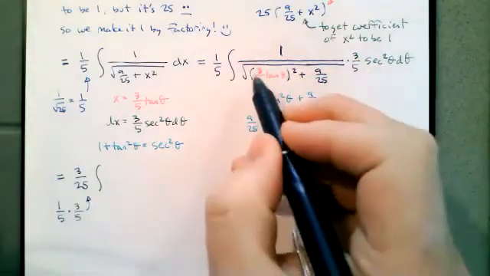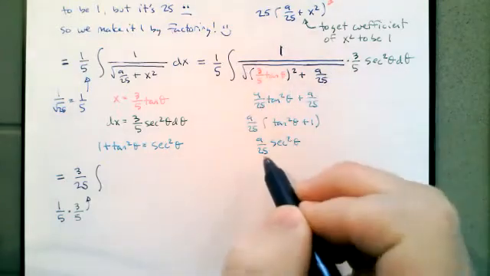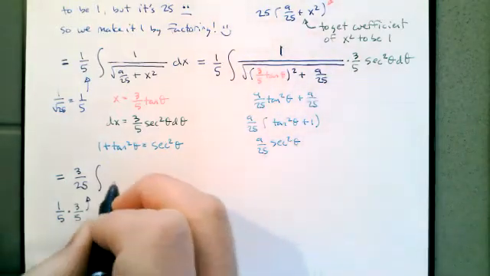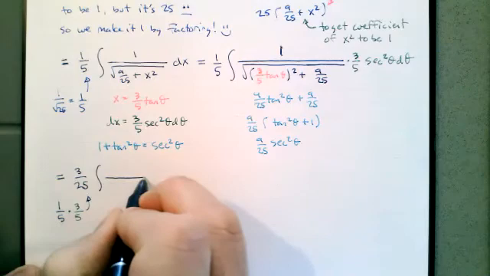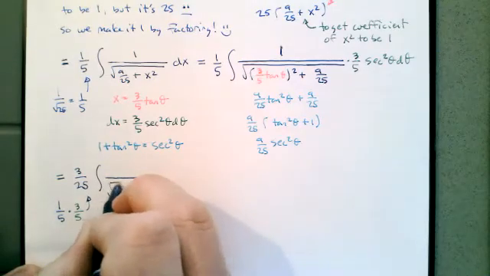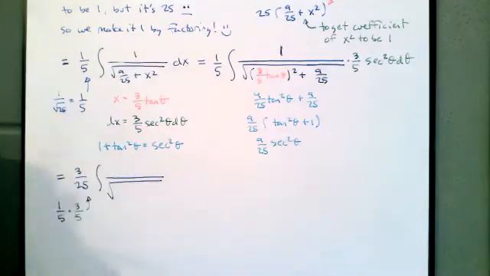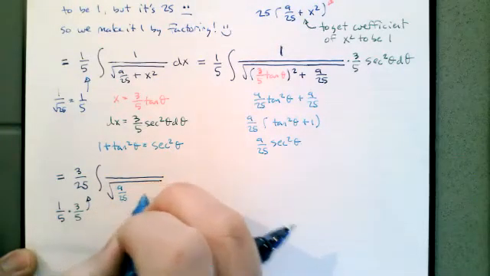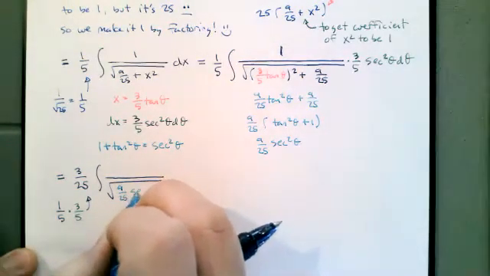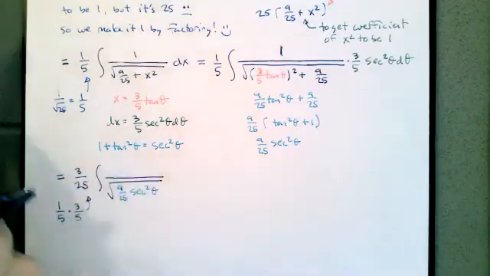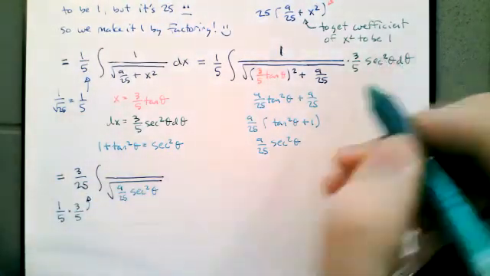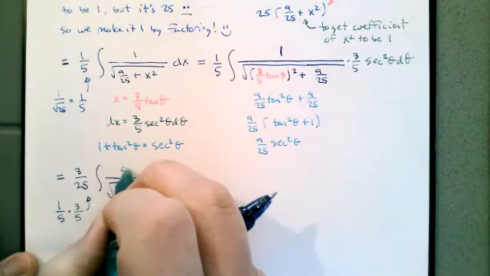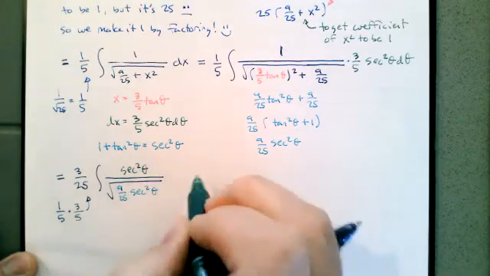That's convenient for me. In the denominator, I have the square root of 9/25 secant squared theta. In the numerator, I have the secant squared theta d theta.